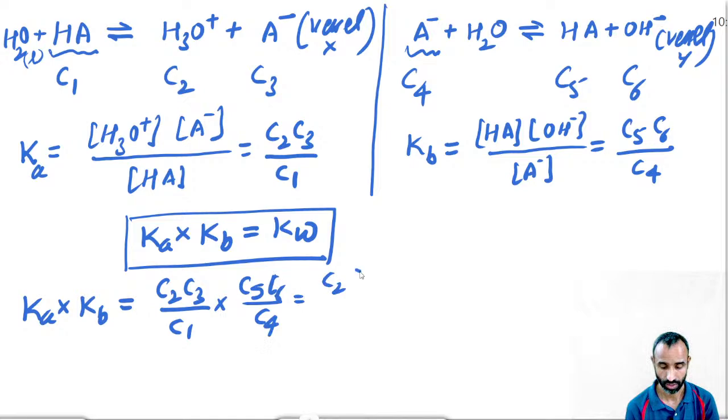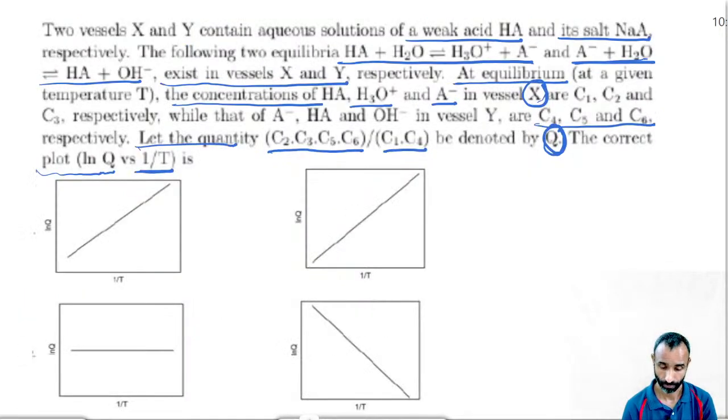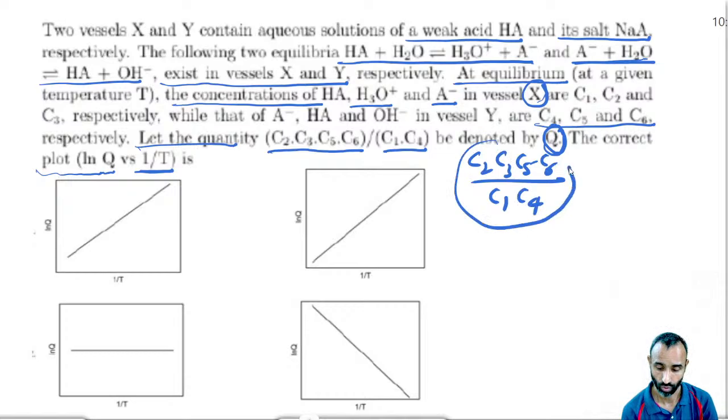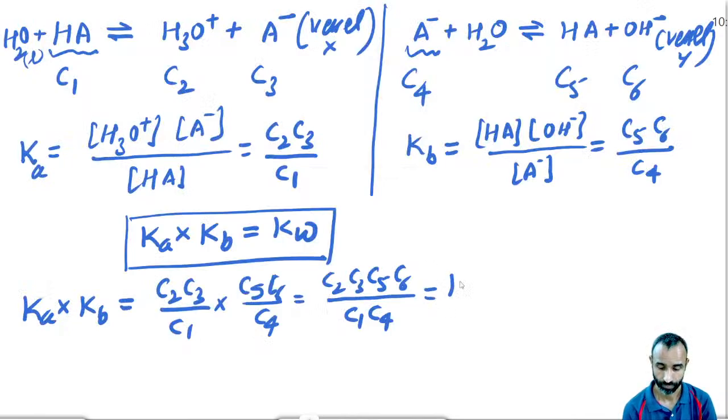So it is C2 C3 C5 C6 divided by C1 into C4. This whole is equal to the ionic product of water, Kw, which is taken as Q.